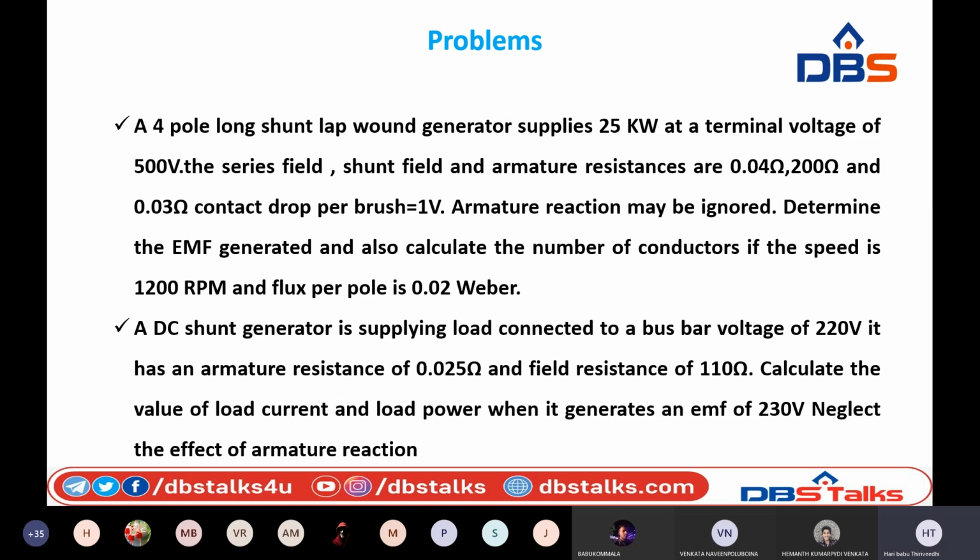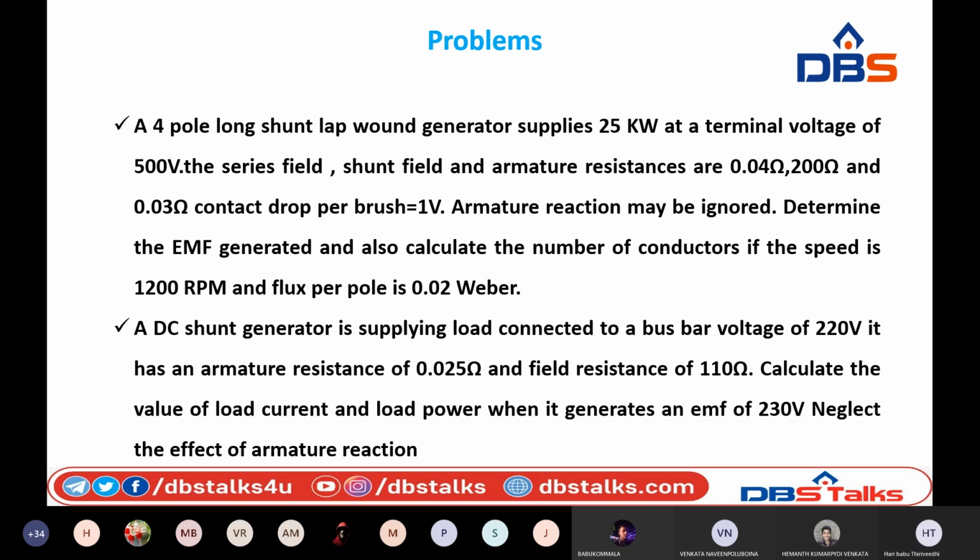So it is an easy problem. They directly gave generated EMF Eg 230 volts. They gave terminal voltage V 220 volts, right? Note down the given data. V is equal to 220 volts. Eg is equal to 230 volts. RA 0.025 ohms. RSH 110 ohms, right? Now determine the current. You have to determine the load current, not the armature current. To find out the load current, we need the armature current.